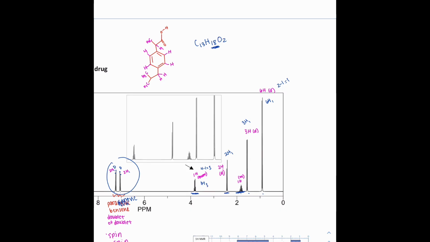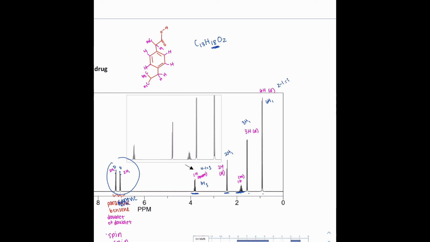Alright, and then we have this multiplet right here. So we have 1 hydrogen and it has so many neighbors.